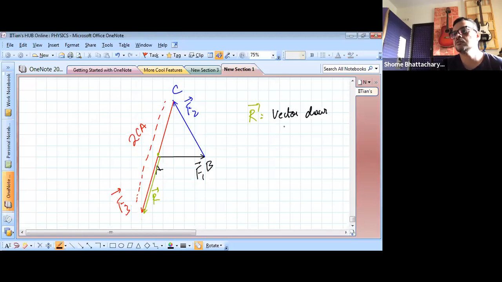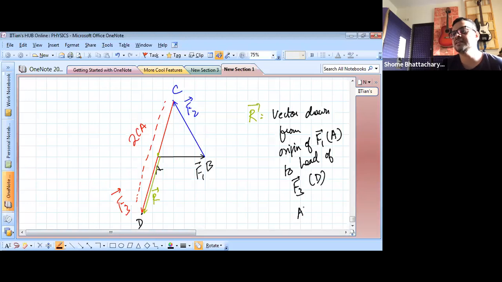drawn from the origin of the first vector F1, which is the point E actually, to the head of F3, which is this point, let's say. So it is basically ED. F3 is proportional to this vector ED.